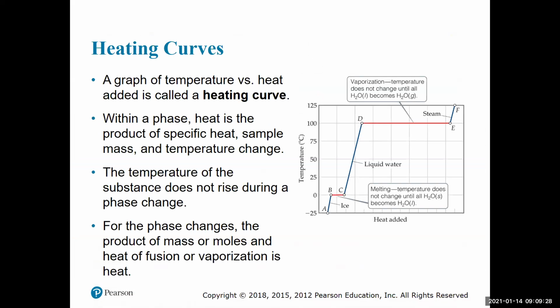It's a liquid, right? So on our plot here, we're going from this BC area up to D, and then finally going up to F. This is where I was saying you don't have to draw this out every time, but you can think about it in these terms a little bit.